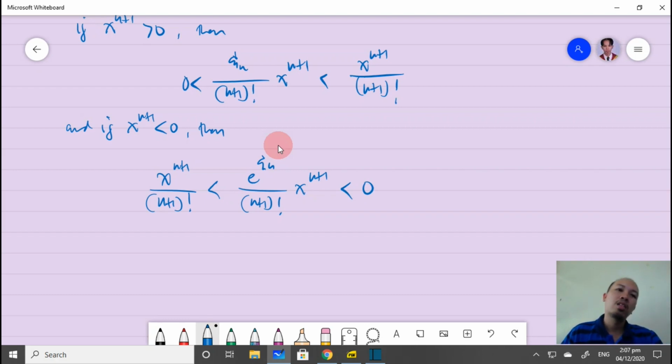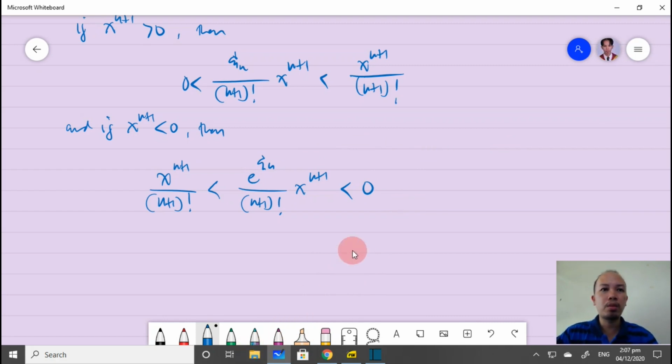Okay, why? Because this is negative, of course, and then what is the value of e to the psi sub n? This is positive, as you can see here.